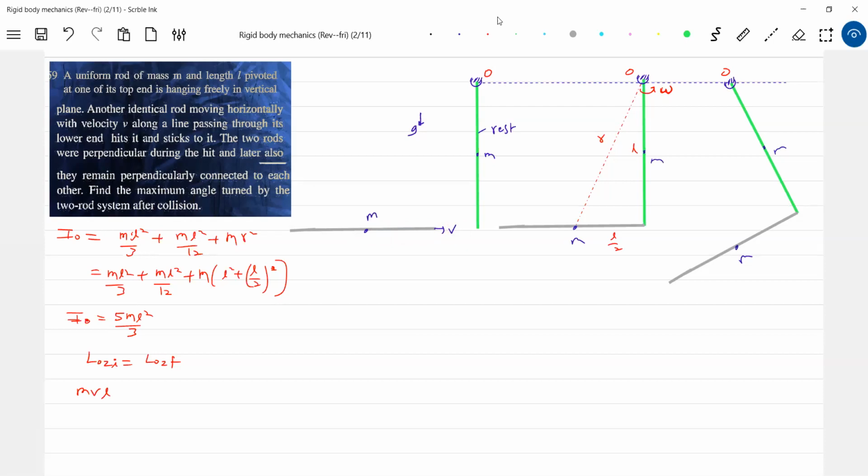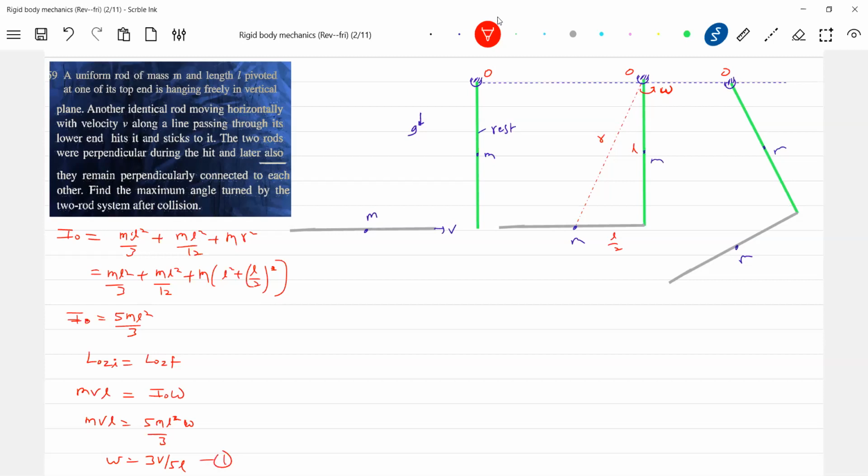That is what gives MvL. Able to understand this? Finally, it will become I_O omega, giving omega equal to 3v/5L.